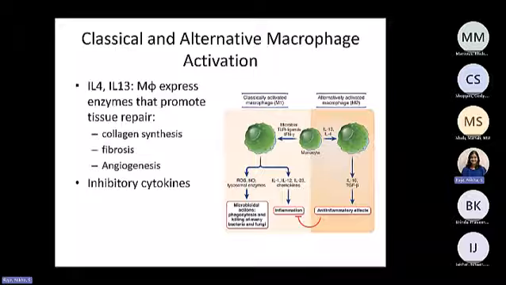So they help in that tissue repair, and they cause release of inhibitory cytokines like IL-10 and TGF-beta. There are only two known inhibitory cytokines, IL-10 and TGF-beta. Those are the only two that we know are inhibitory in nature.